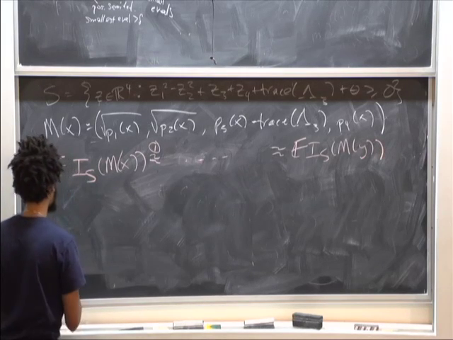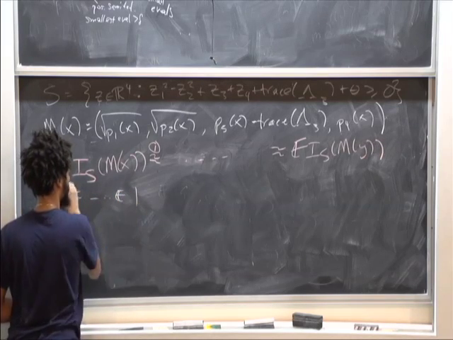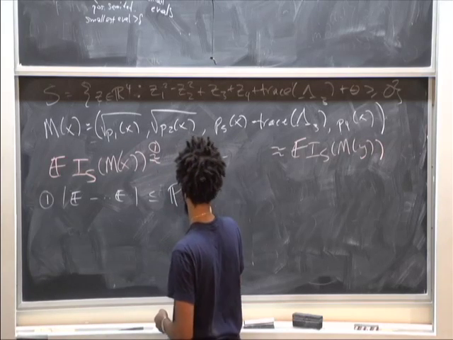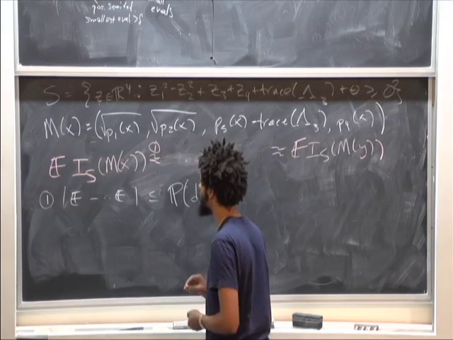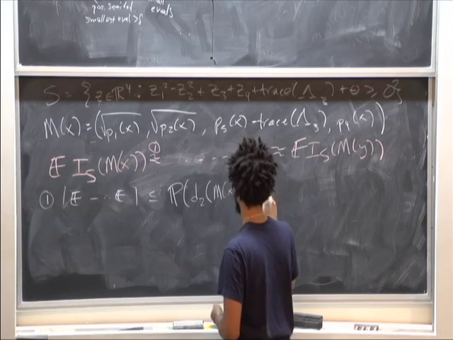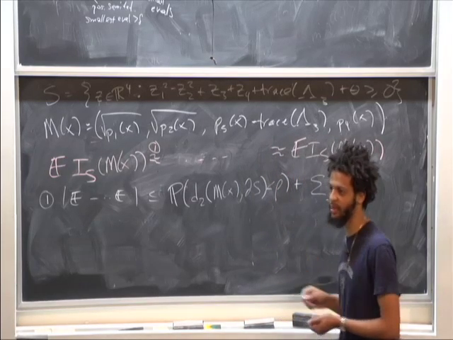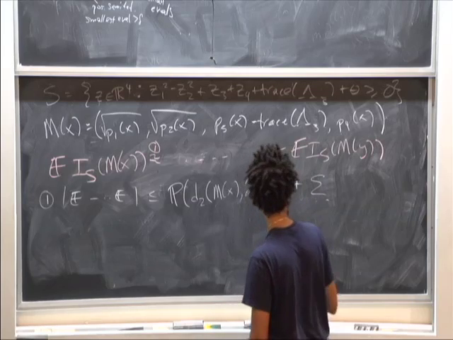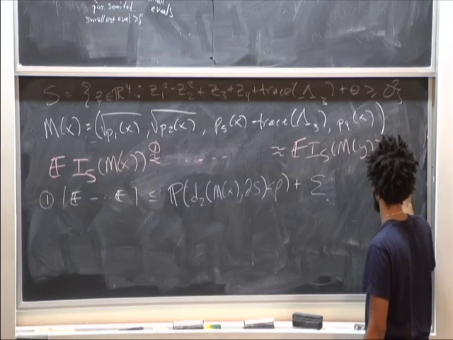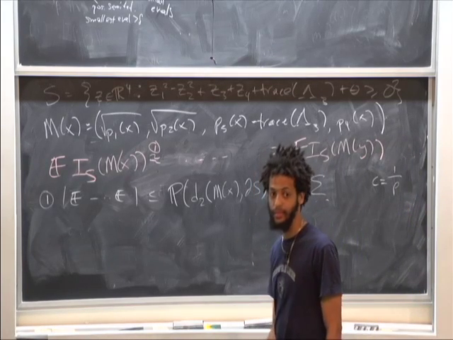Again, we have the usual stuff that the difference of the expectations is at most the probability that the distance from m of x to the boundary of S is at most rho, plus this big sum, which is going to be geometric. And then, as usual, we set c to be something like 1 over rho.